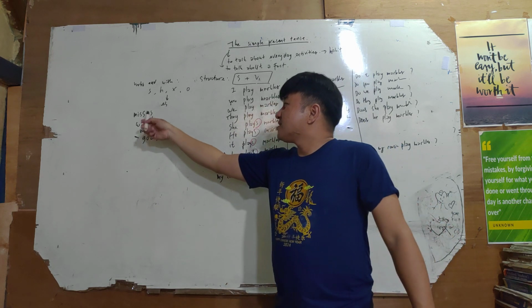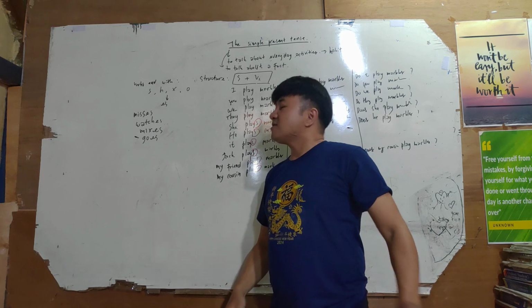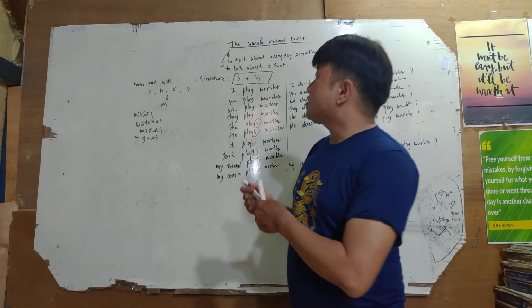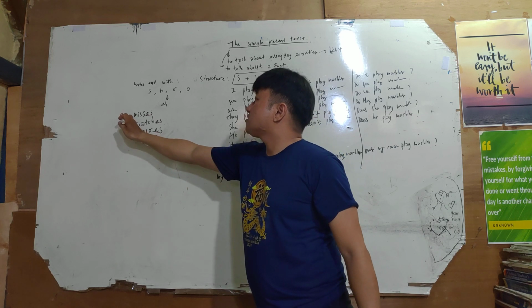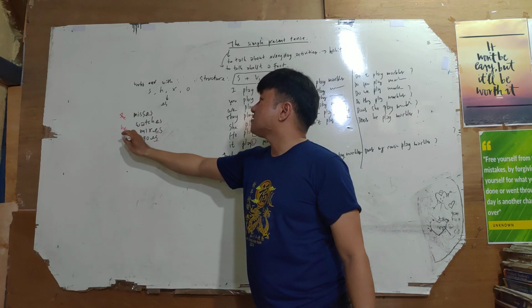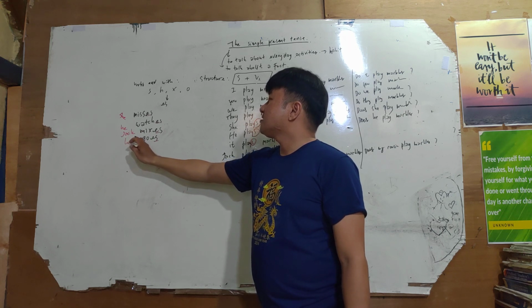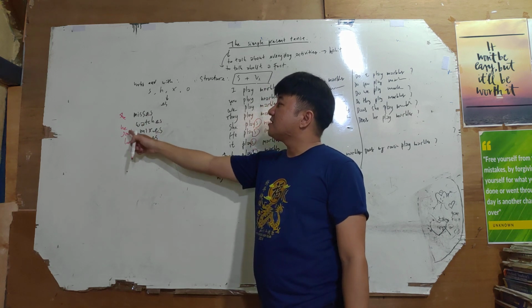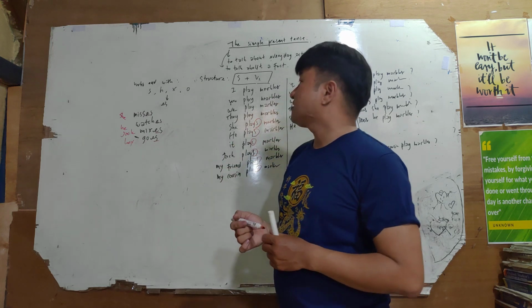Okay, misses, watches, goes. So those are the verbs that take es when the subject is she or he or one person, Jack, Lucy, etc. She misses, he watches, Jack mixes, Lucy goes to market, etc.